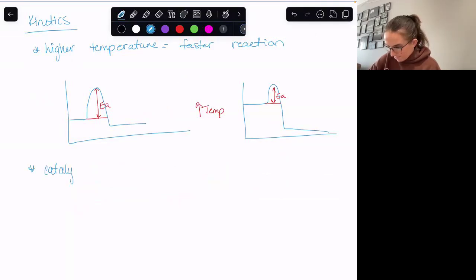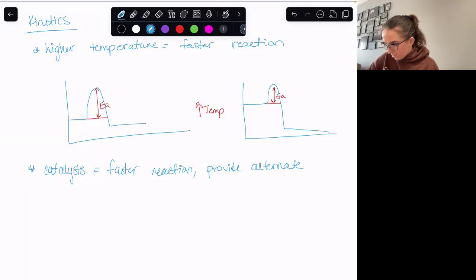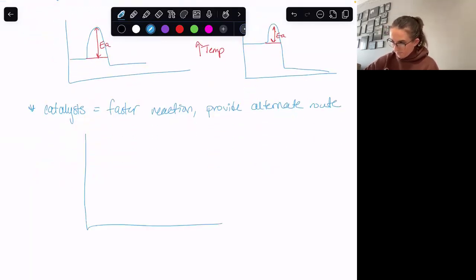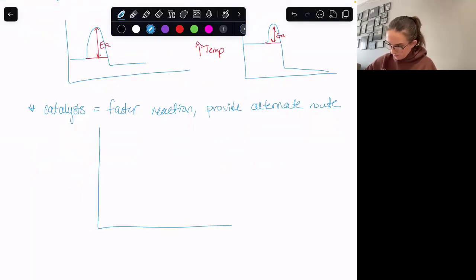Catalysts equal faster reaction because they provide an alternate route. So we would have this guy here.